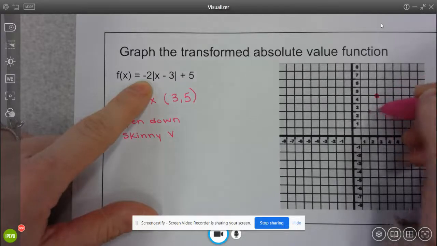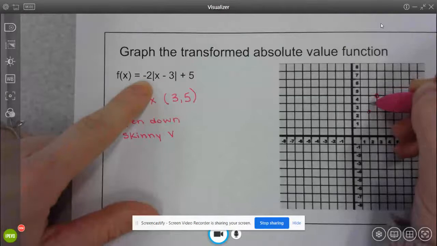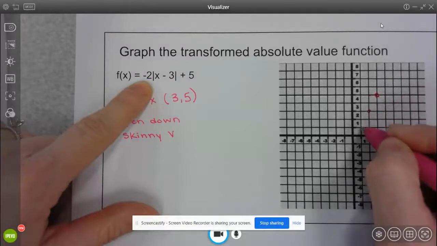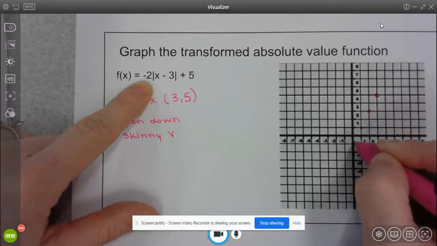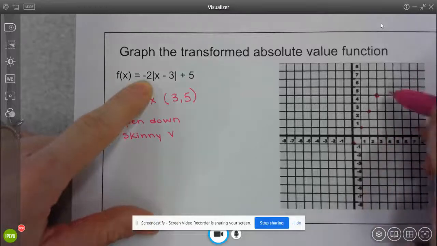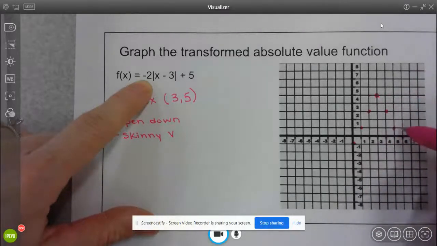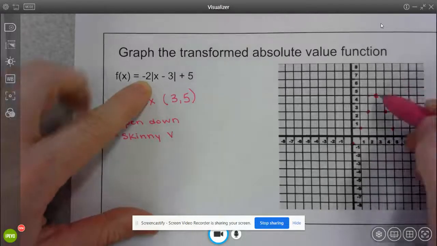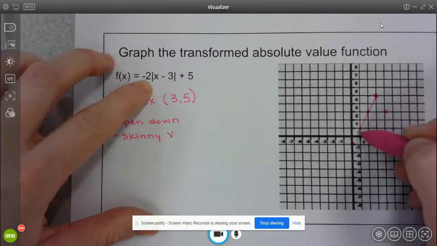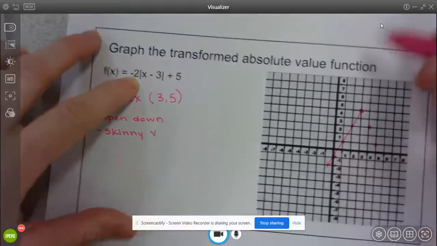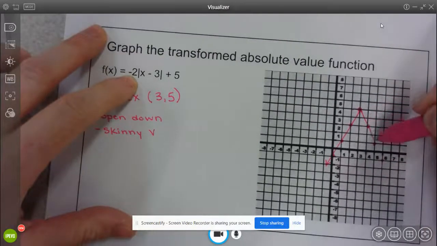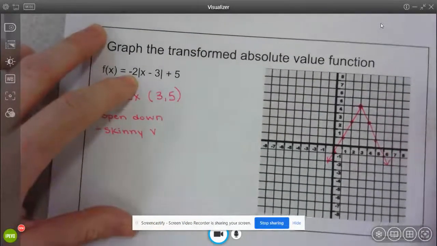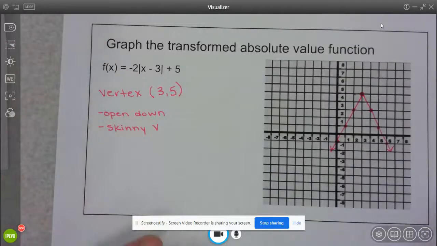So instead of my first point being here, I have to multiply that by 2 and stretch out my V and make it a skinny V. So that's what the function would look like.